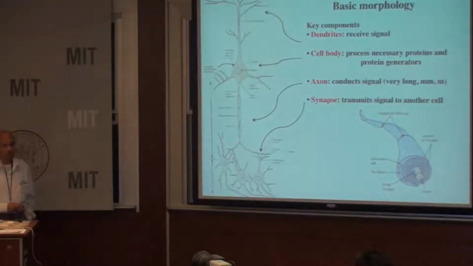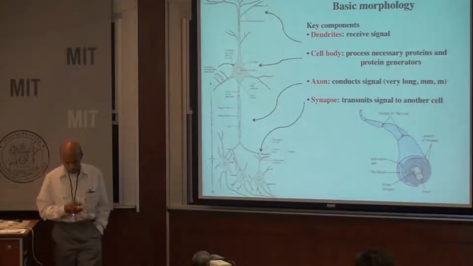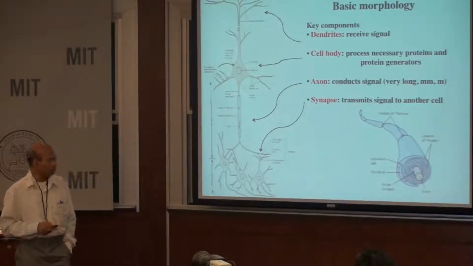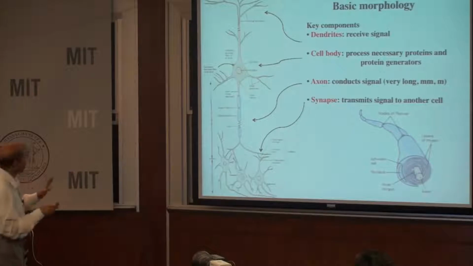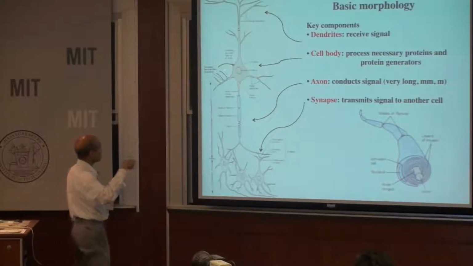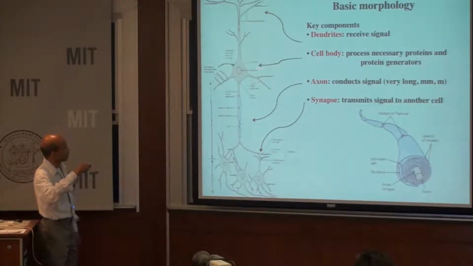Starting with the basic morphology of a neuron. There are essentially 4 major parts of most neuron cells. One part is the dendrites, which could be a very dense network. Then comes the cell body with the nucleus inside.